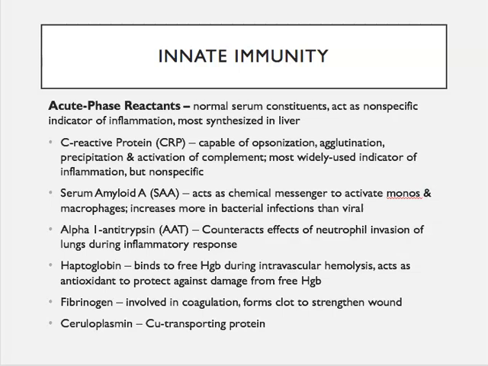It's also capable of agglutination, precipitation, and activation of complement by the classical pathway. We're going to talk a lot more about complement activation coming up. However, binding is calcium dependent and non-specific.